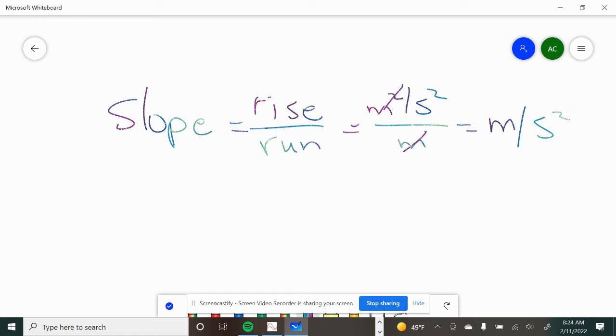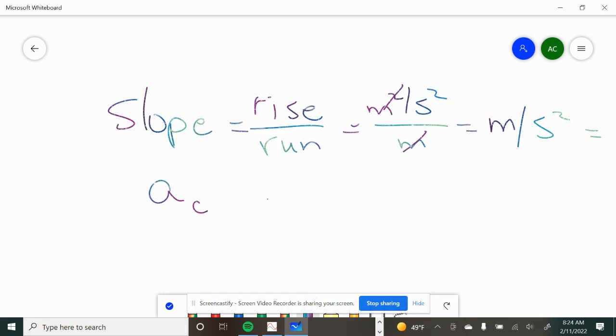What else has units of meters per second squared? Acceleration. So our slope value that you found is what? Centripetal acceleration. Okay, so that's why I wanted you to put that in there. So just write that in there for number 8. So that's meters per second squared, which is your centripetal acceleration.